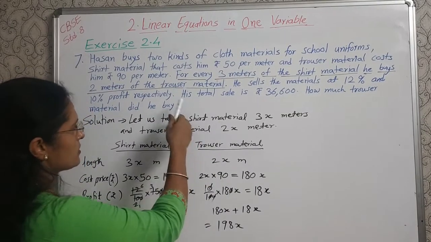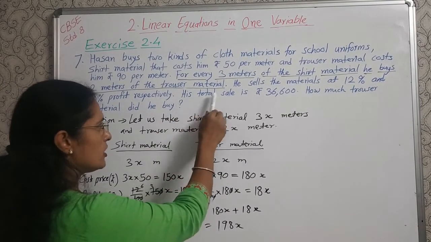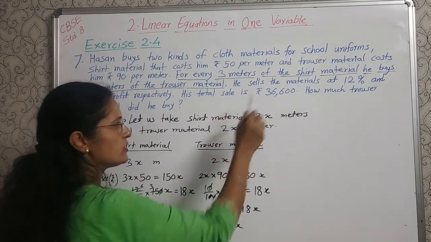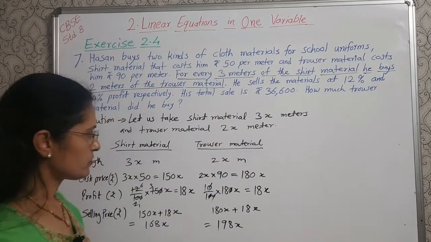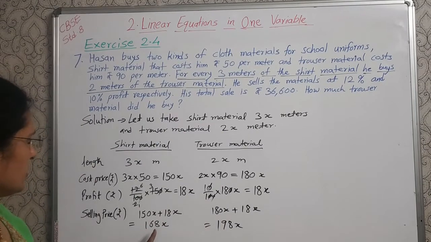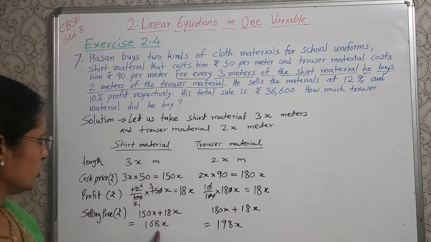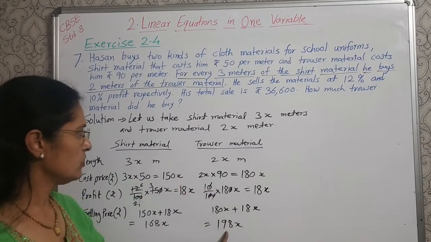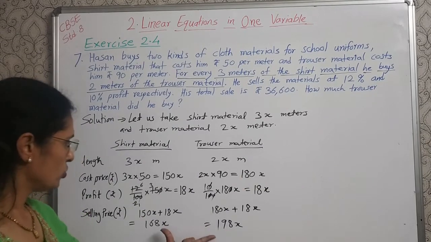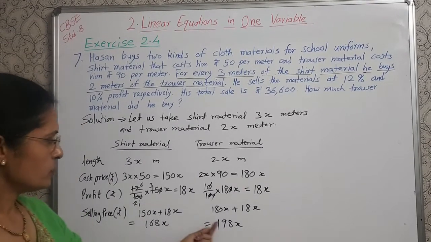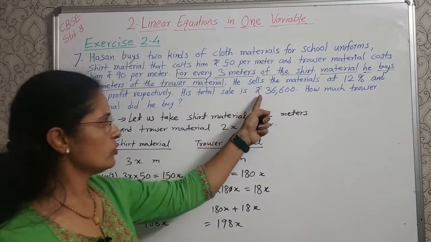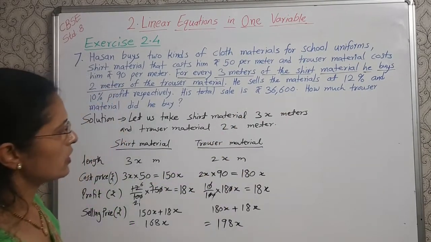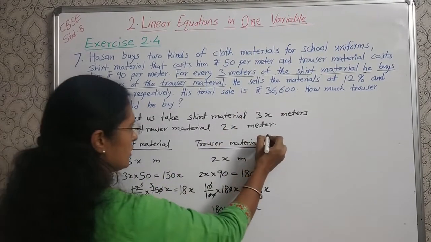Now see the next condition. His total sale is rupees 36,600. Now total sale means the sale for shirt material and sale for the trouser material. So together this selling price plus this selling price is equal to total selling price, which is 36,600.